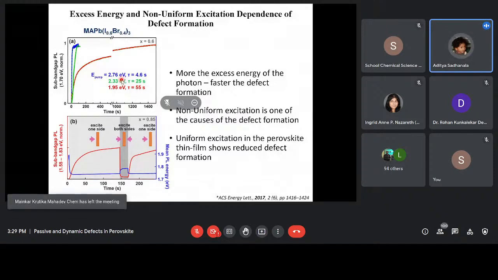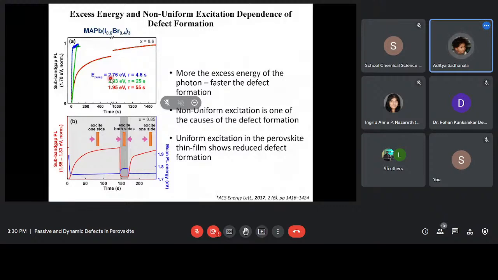So you will observe thermalization of the carriers down to the band edge. That thermalization, which is phonon induced and coupled to the lattice, is then interacting with this defect formation. So the phonons, or the excess energy you put into the system, are also responsible for the faster defect formation.